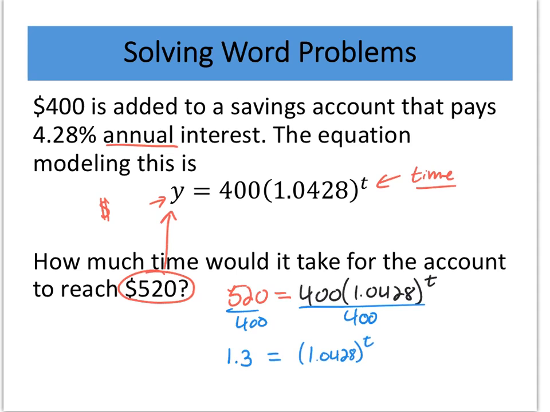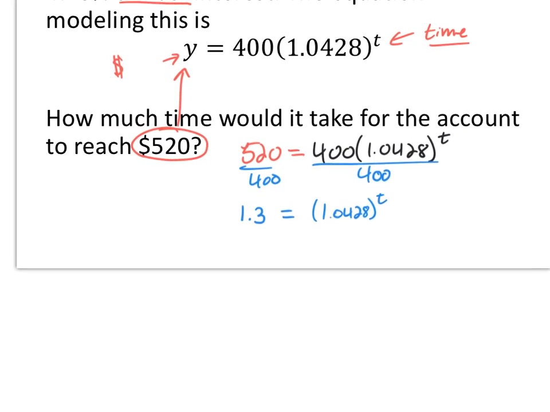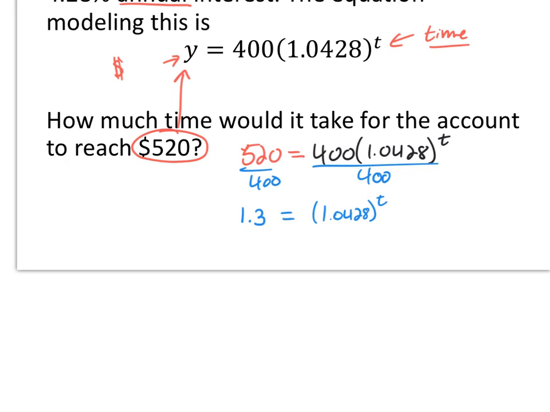And then I'm going to use my knowledge of how to solve by converting it into a logarithm. So log base, and the base is a big long number now, 1.0428 of my answer, 1.3, equals the amount of time that goes by. And this is time in terms of years.